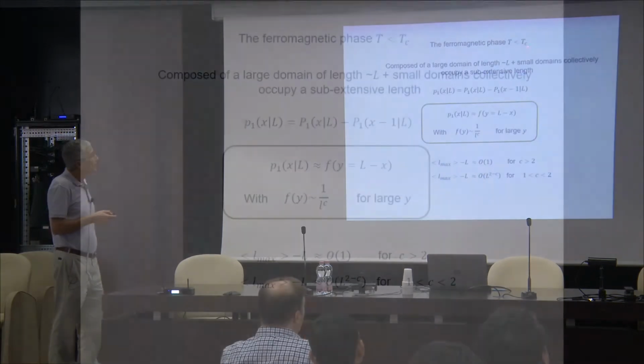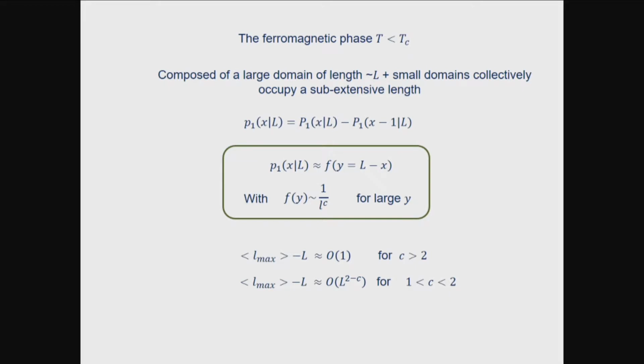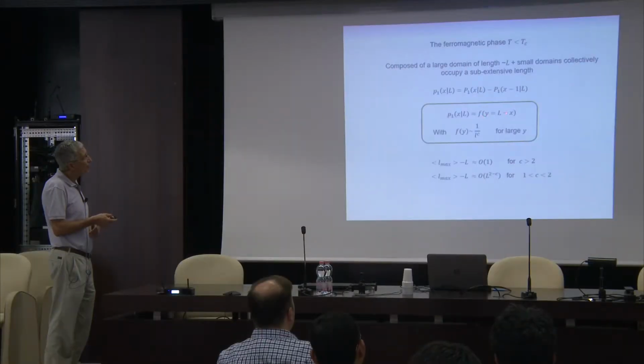If T is less than Tc, on the other hand, it's more natural to look at not the cumulative, but the direct distribution function of a single domain at size x, and it turns out to be a function of L minus x.